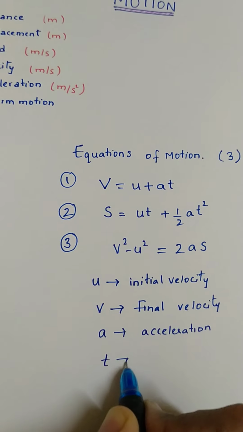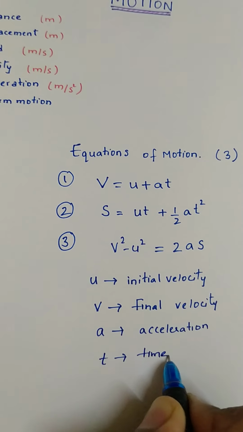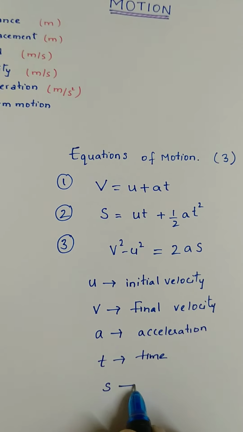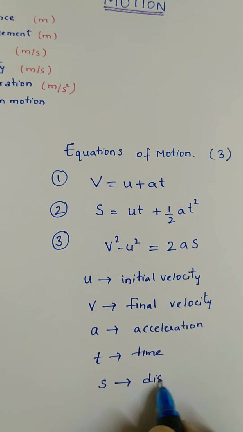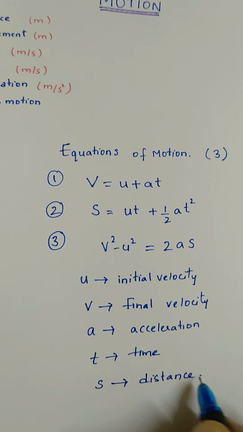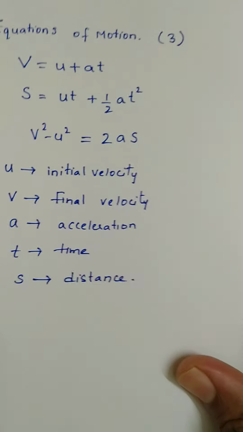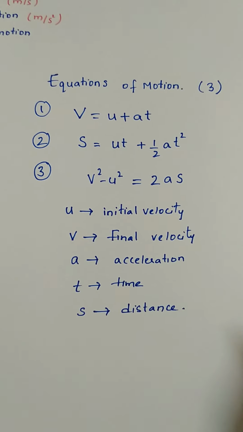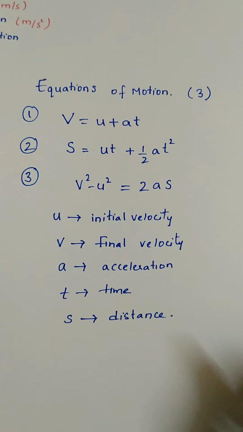The other terms being t is time taken, and s is distance, or to be more precise, displacement, but right now let us call it distance. So these are the different terms which are being used in the three equations of motion.